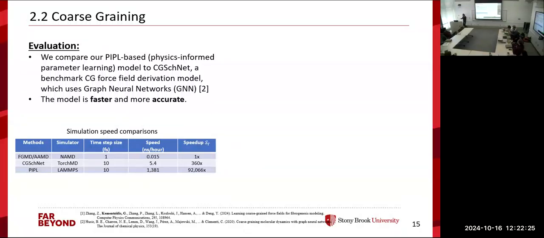Now, the model we'll be using for our reference is called CGSNet. So it's a coarse graining with a SchNet architecture, which is pretty much a graph neural network based architecture with continuous convolutions, which is probably very good for small molecules because it's been tested on small molecules only.